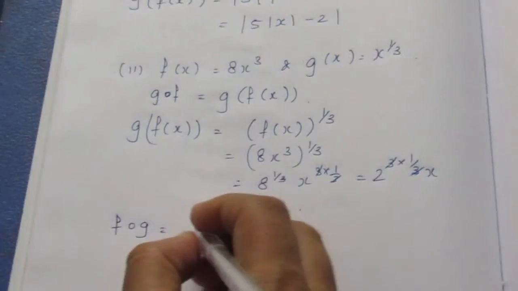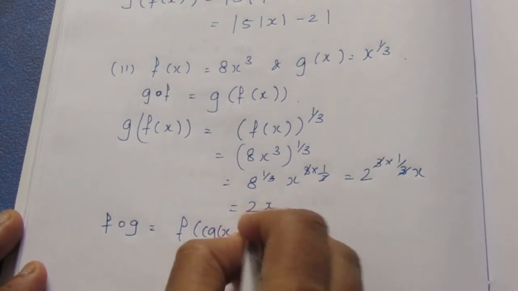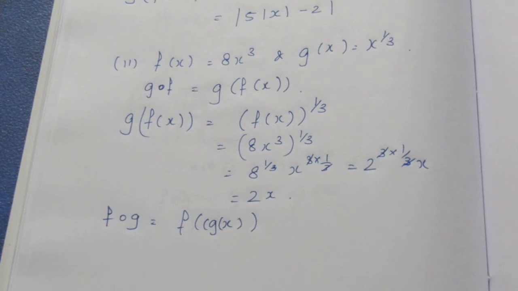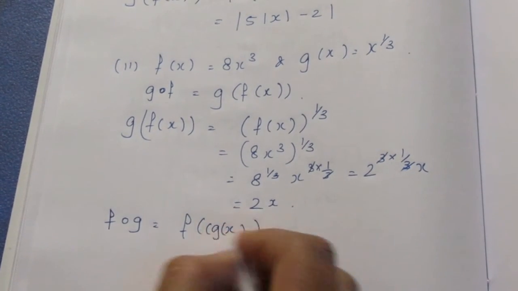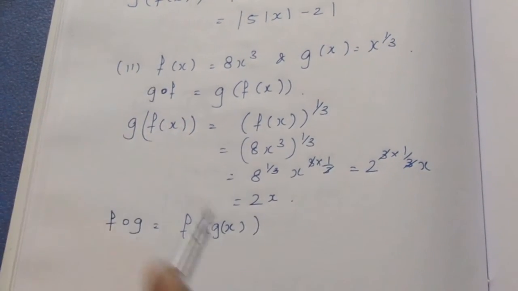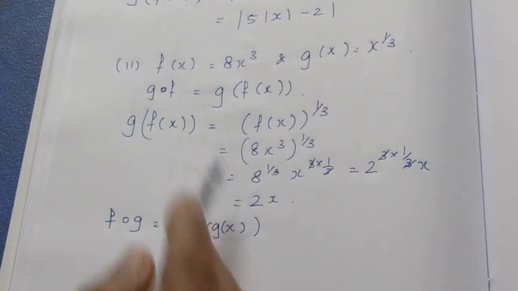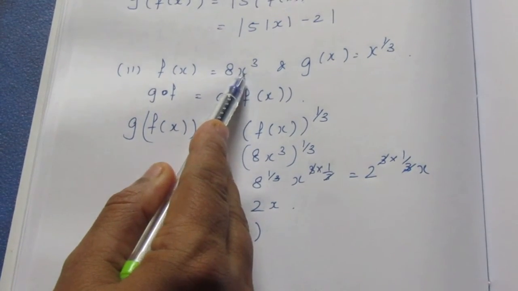This is equal to f of g of x. After the composite we need to take that element, the second one, as g of x. Now in the place of x we have g of x. Instead of f of x we have g of x. Just substitute the value of g of x here, and the same way substitute it here.